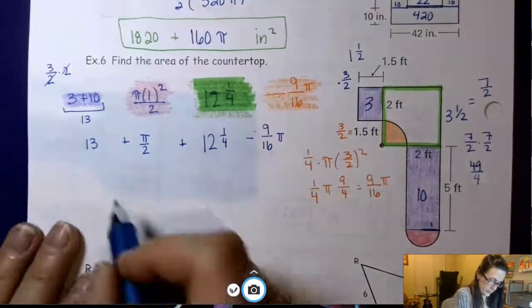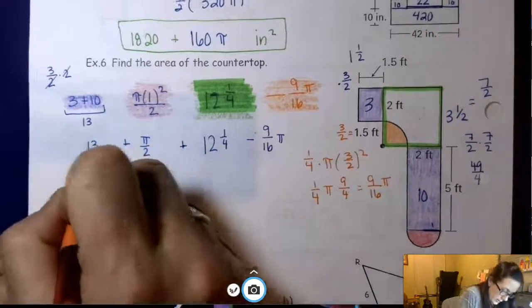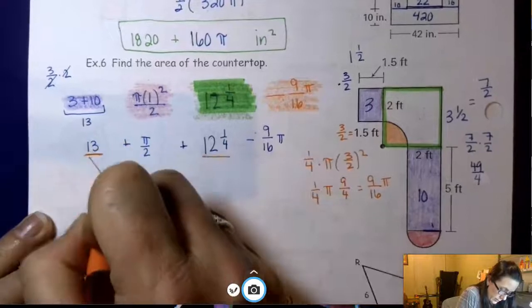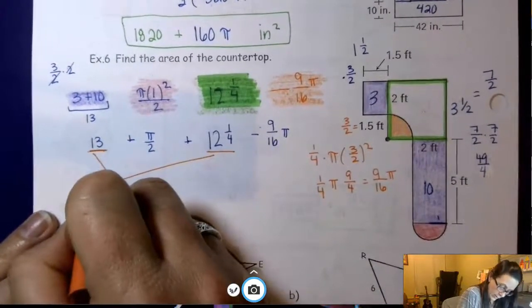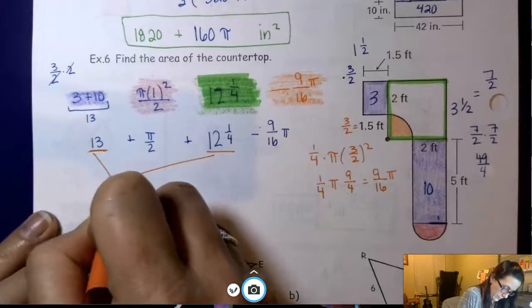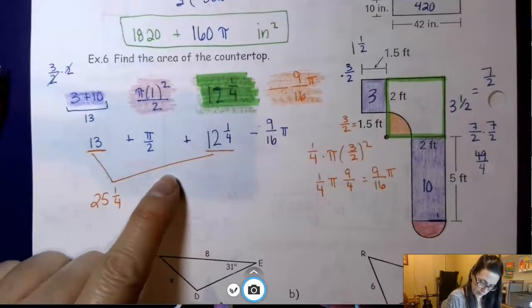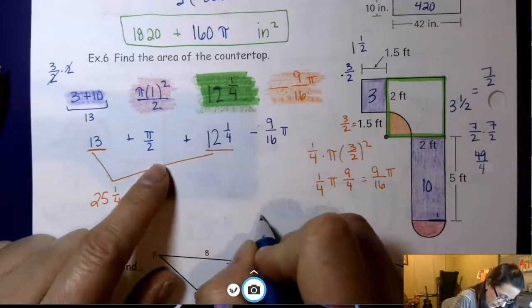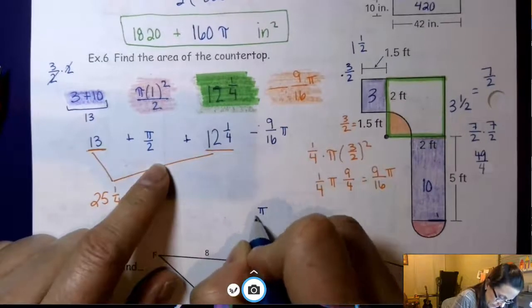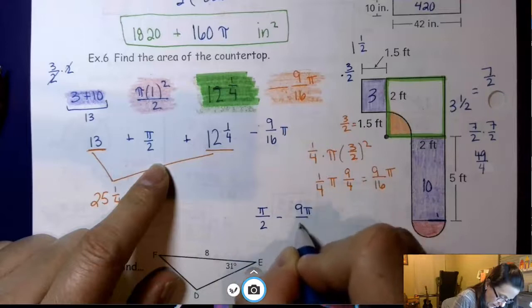So what we want to do is add our like terms together first. So here we have 13, 12. Add those together, you get 25 and 1/4. And then can I take pi over 2, let me do this work down here, pi over 2 minus 9 pi over 16.